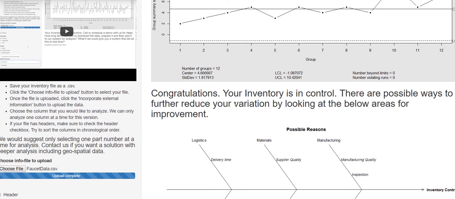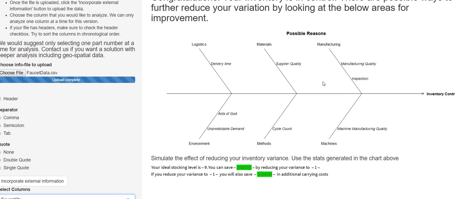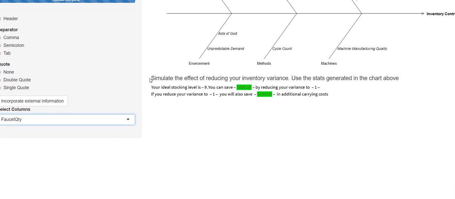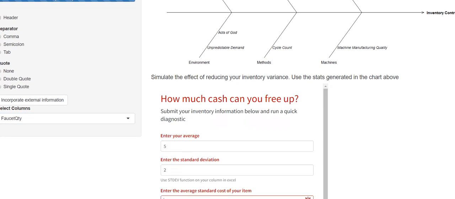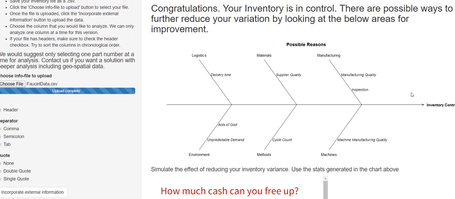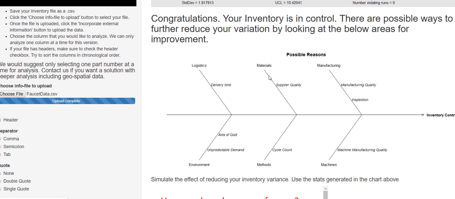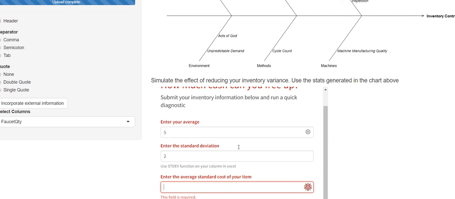So you know your inventory is in control, but there are ways to further reduce your variation. And here, actually, let's use your numbers. And these numbers are taken from here, which is based purely on your historical data. And I already put these in.